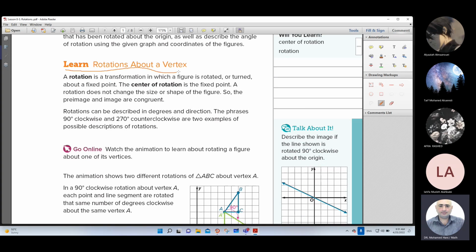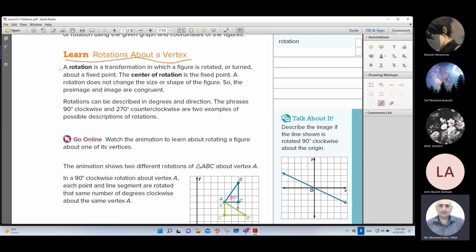rotation about a vertex. What's the meaning of a rotation? A rotation is a transformation in which a figure is rotated, or turned, about a fixed point.